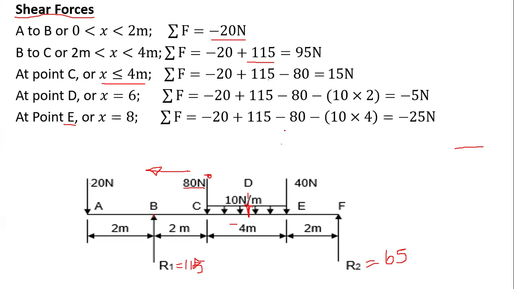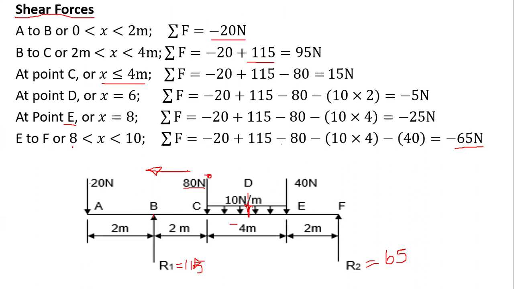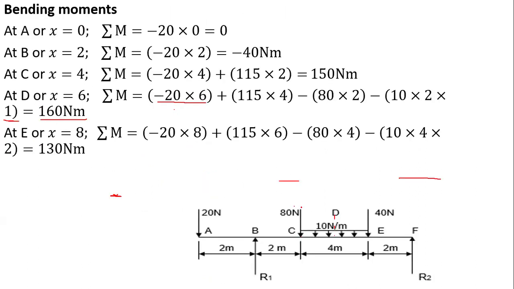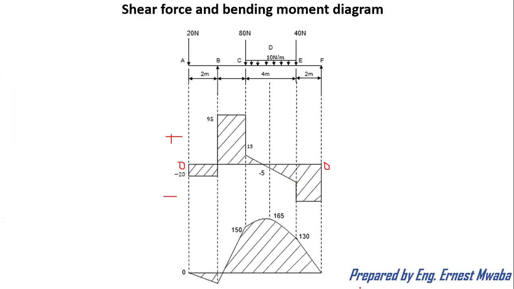For point E, and also E to F, here we had 65 as well as 25. So this is why when we come to the drawing, we replicate that. So this is 65, and that is the 5.